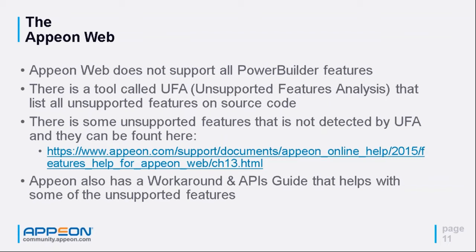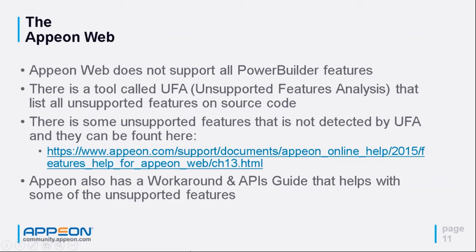There is a tool deployed together with Appeon, the Unsupported Feature Analysis, UFA for short. This tool analyzes your code and tells you there are constructions that are not supported, so you're going to have a problem when you migrate. A list of all of them can be found at that link.